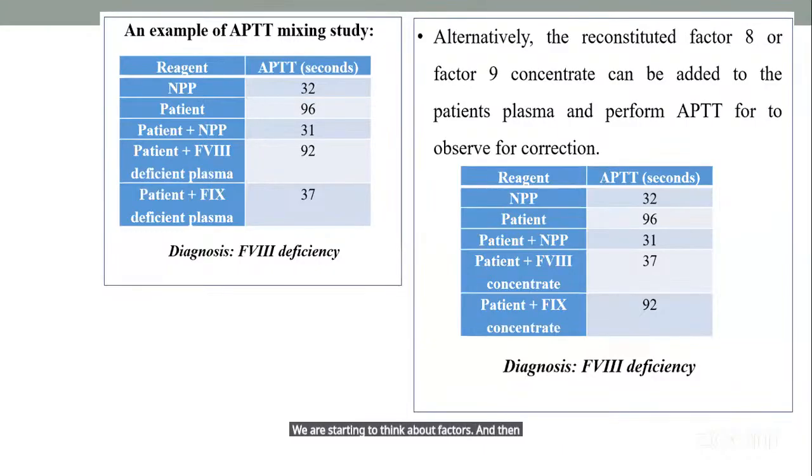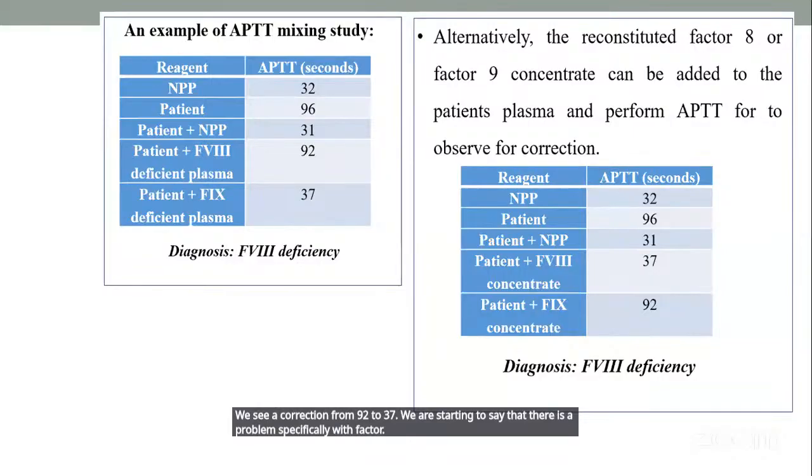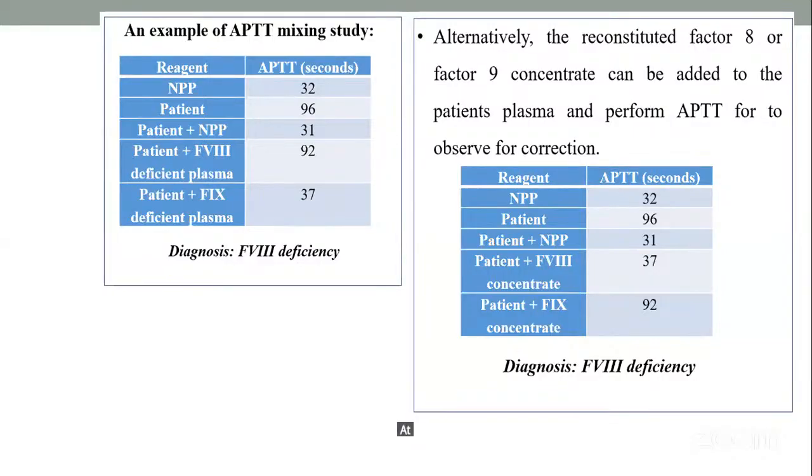Then when you add this patient's plasma to that deficient of factor 9, we see a correction from 92 to 37. We are starting to say that there is a problem specifically with factor 8, but not factor 9. So this is just an example on how to check on deficiency of factor 8 and factor 9. Next slide.